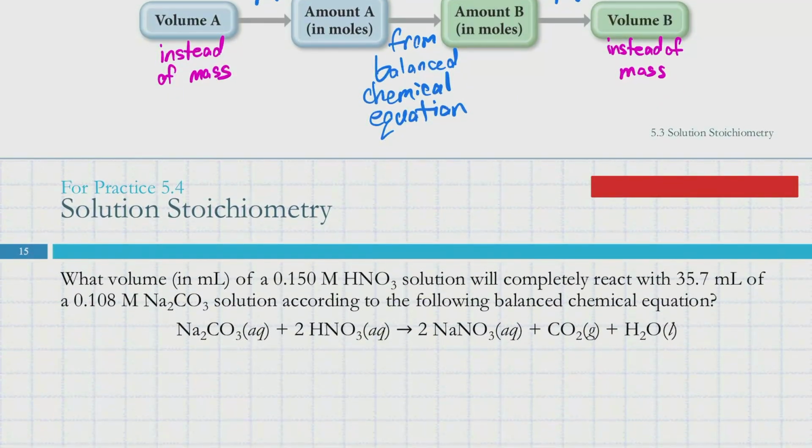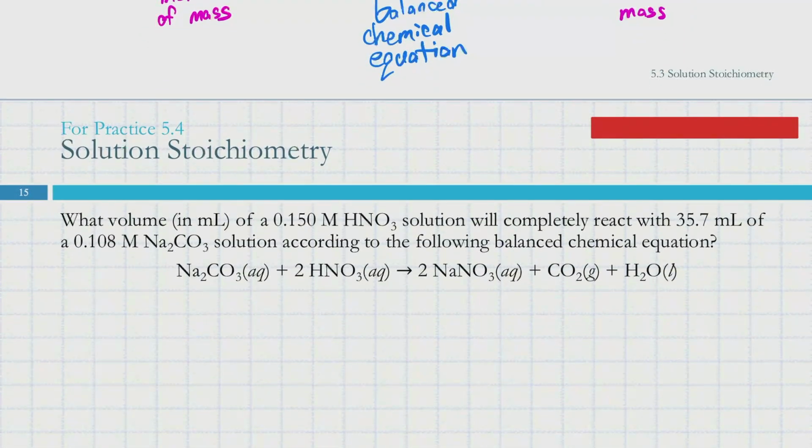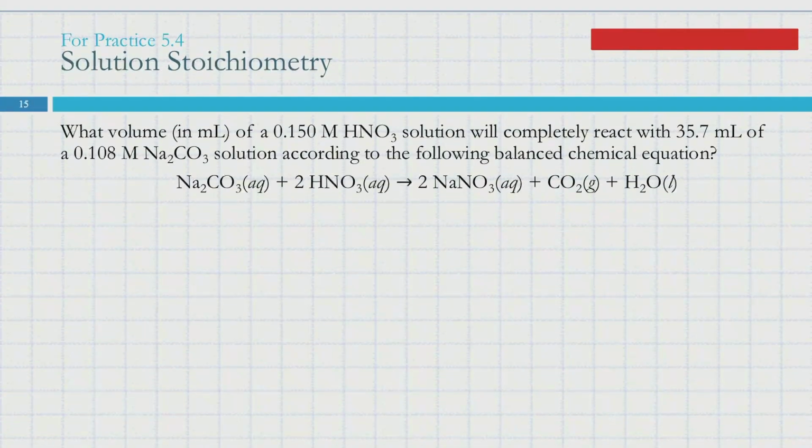So an example of this. We've got a bunch of words given to us. We've also got a chemical equation given to us. Is the chemical equation balanced? Probably, because we've got coefficients, right? We've got coefficients, it's probably balanced, so we don't have to balance it ourselves. That's great.